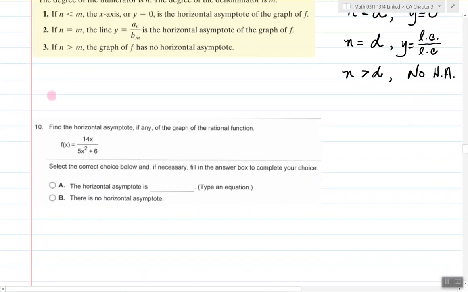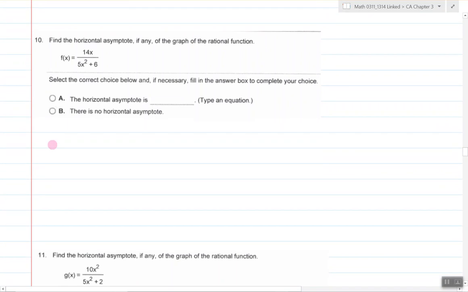All right, number 10. Find the horizontal asymptote, if any, of the graph. What I want to do is write down the degree of the numerator. Its degree is 1. Remember, the degree is determined by the exponent of the highest powered term. The denominator's degree is 2.